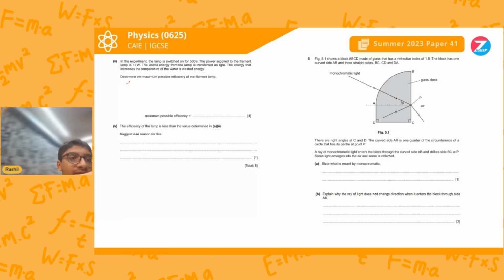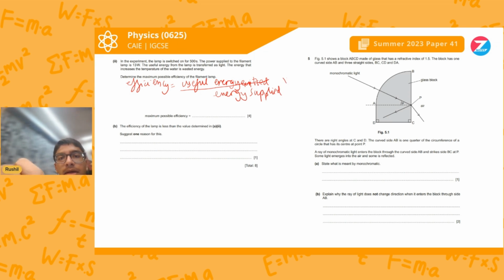Now, efficiency is equal to useful energy emitted by energy supplied into 100 as a percentage.